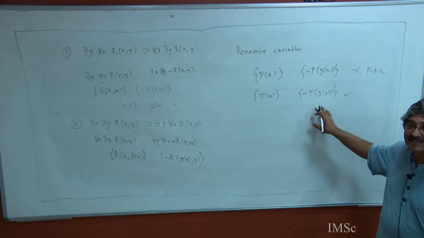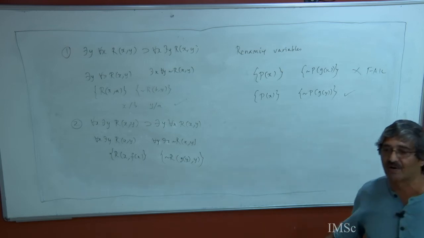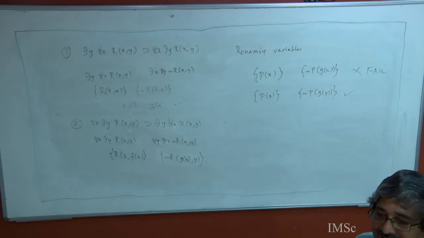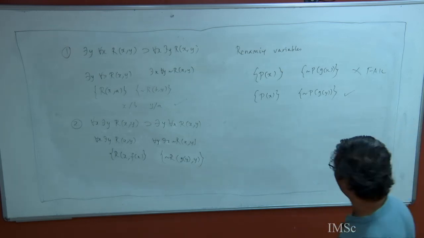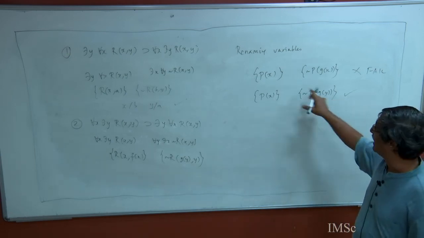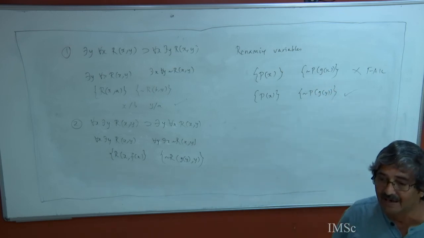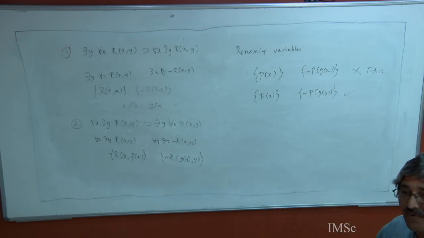And remember that semantically these two are the same. So it's important to rename variables across clauses before you proceed, and this is something that all your theorem provers will do. Because remember now x can be unified with g of y, but x cannot be unified with g of x, right? So applying this rule works, right?